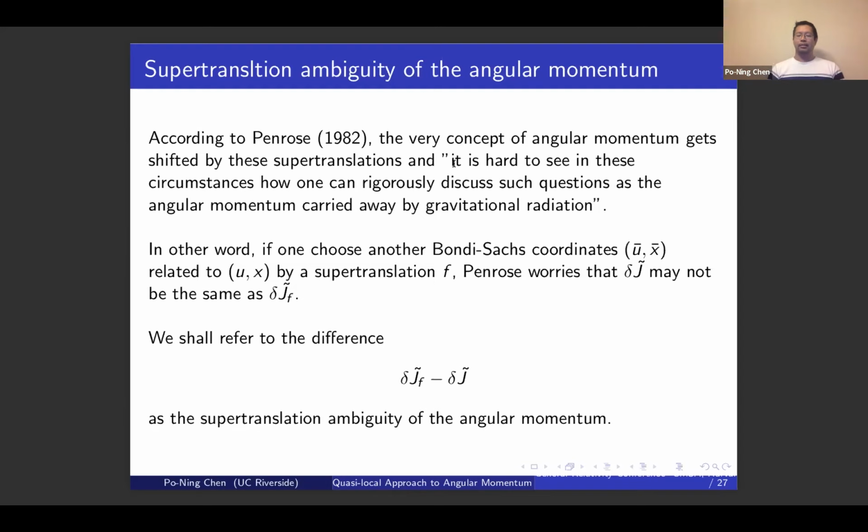One worries that the angular momentum radiated away that you compute in the u coordinate system, delta J, is not the same as the delta J that you computed in the u bar coordinate system. So we will refer to this difference as the supertranslation ambiguity of the angular momentum.